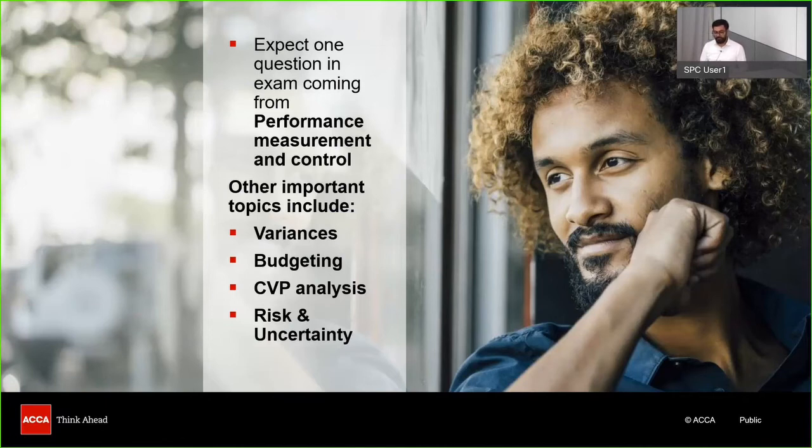Though you can have a budgeting question also. Now, if you get, let's suppose, a performance measurement balance scorecard question with a budgeting, like a rolling budget question, or maybe an incremental budgeting, then it would be the case where out of the 40 marks, almost 25 to 30 marks would be theoretical.